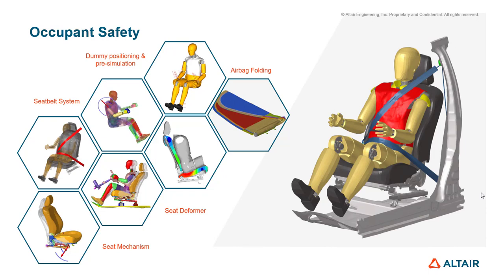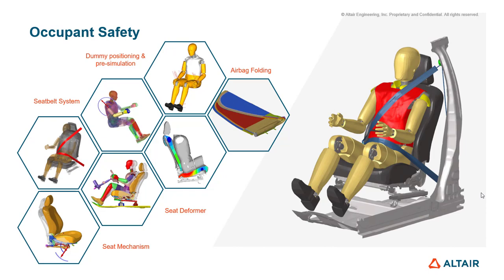But the seat mechanism offers a very simple workflow where you can position the seat to the required position and you can save the position and export the position. You can directly take the seat position to the required H-point in just one click. So that was about seat mechanism.